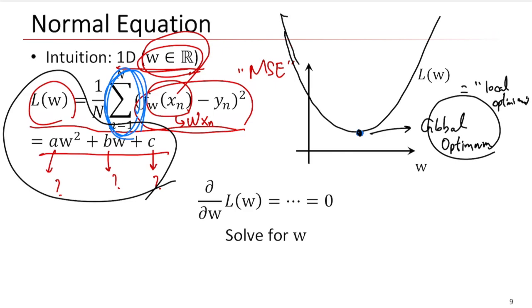If the loss function looks like this, the local optimum is exactly equal to the global optimum. So this is the global optimum that we want to find for this linear system and this machine learning problem. Then how can we solve for this point? How can we get this? We already learned this in middle school and high school, right? How can we solve this?